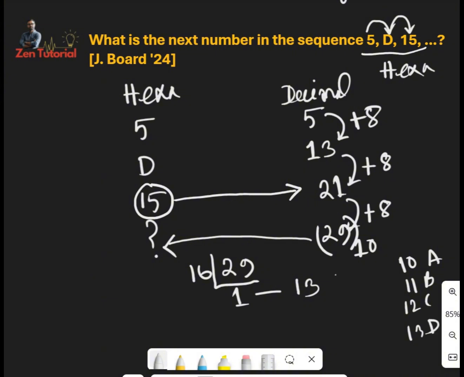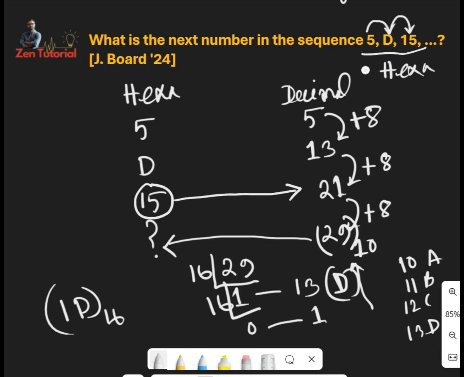So this 13 hexadecimal value will be D. Again, we have to divide by 16, so this will be 0 and the remainder will be 1. This one is MSB, so it needs to be from MSB to LSB. So the value of 29 in decimal and its hexadecimal will be 1D. So the next number of 15 will be 1D, and this is the answer.